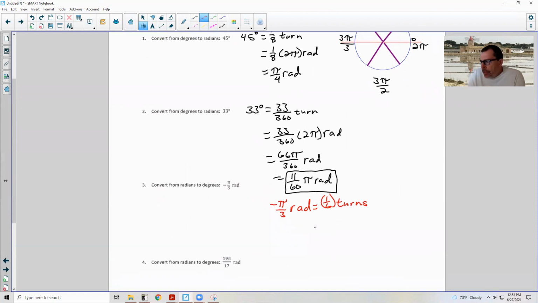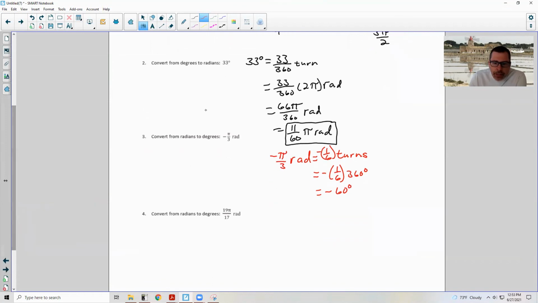And then we say that that's going to equal, and there should be a negative there, negative 1/6 times 360 degrees. And so that's going to equal a negative, and 6 goes into 36 6 times, and then there's a 0. So that is going to equal negative 60 degrees.